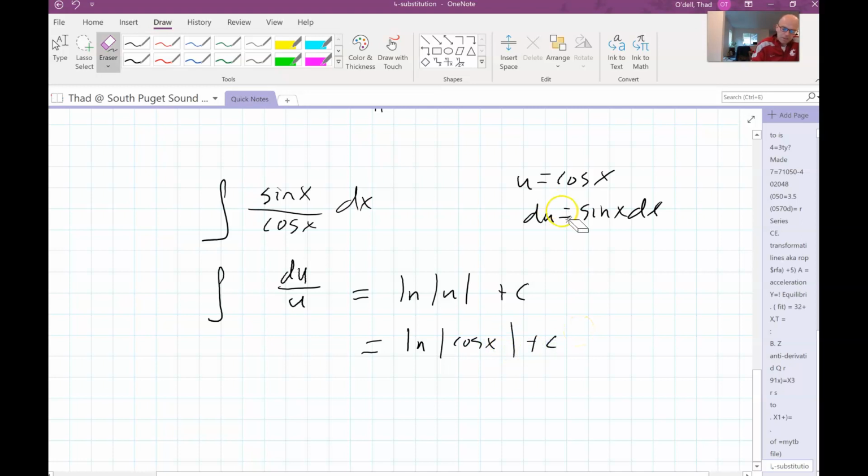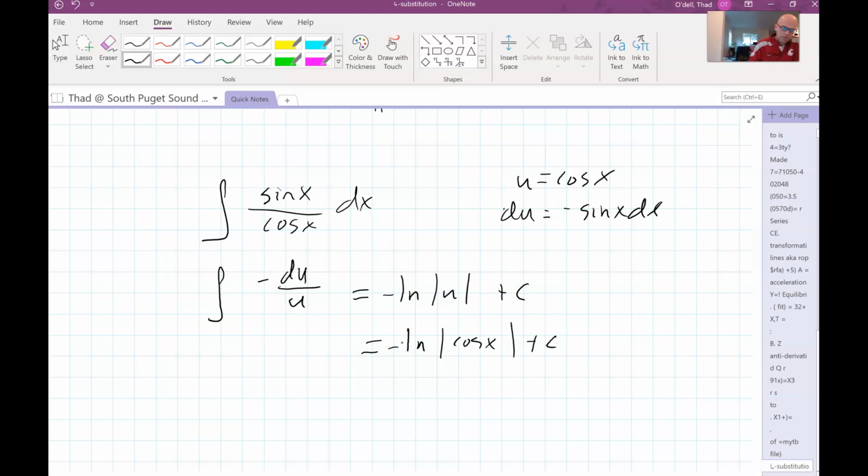Whoops, I made a mistake here, didn't I? The derivative of cosine x is actually negative sine x. Well, that's no problem. When I bring in my du here, I'm missing a negative, so I just put a little negative out front. Of course, that would turn that into negative and that into negative.